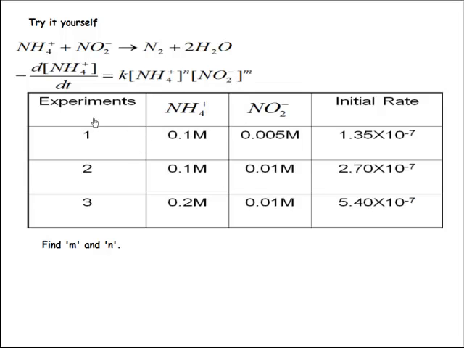So the data is given to you all. The experiment is carried out 3 times with different initial concentrations, and the rate of the reaction in each experiment is measured in the beginning itself, and from the data I'm sure you all can find out the value of small n and small m.